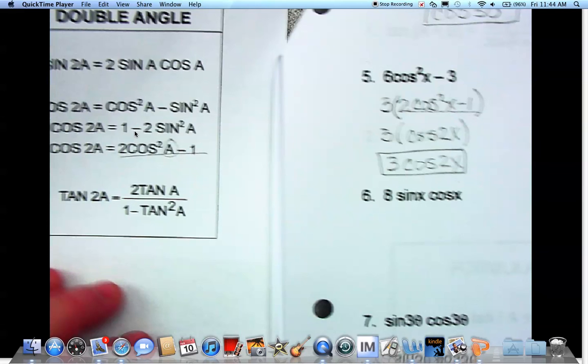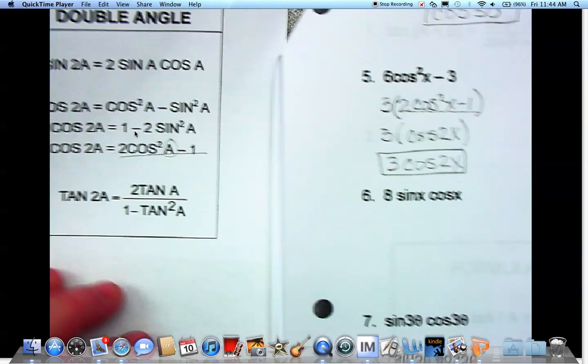There's only one we can use: 2 sine x cosine x. We're trying to get tangent x, but we could choose. What do you want to choose? The second one. Sounds good to me. The top one would work also, though.